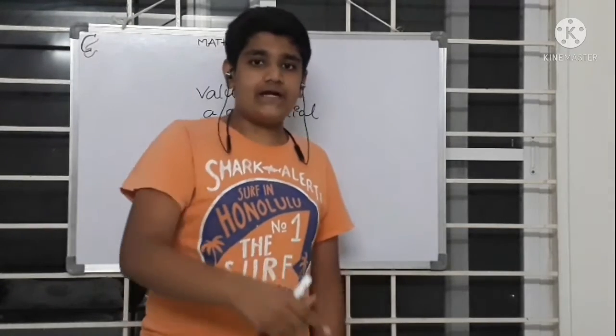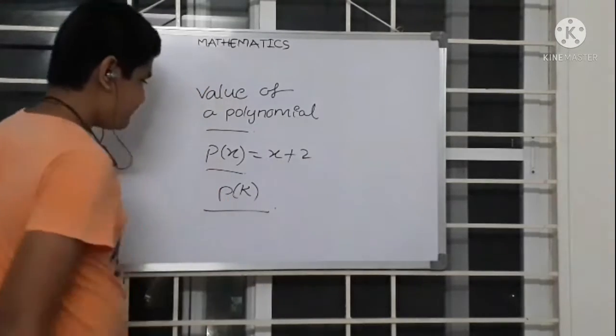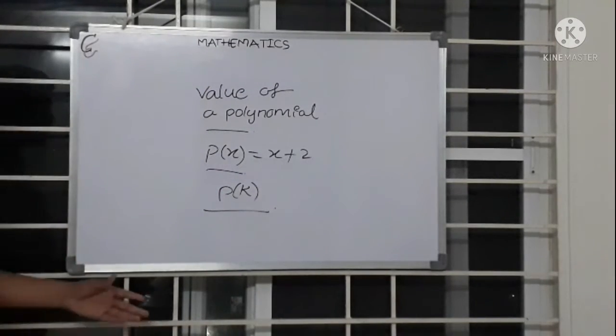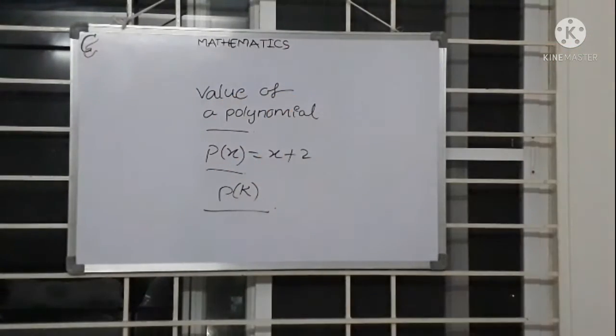Then p of x becomes p of k. That is called the value of the polynomial. That's all.